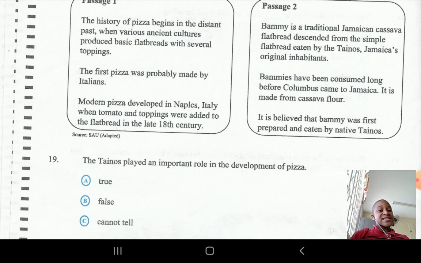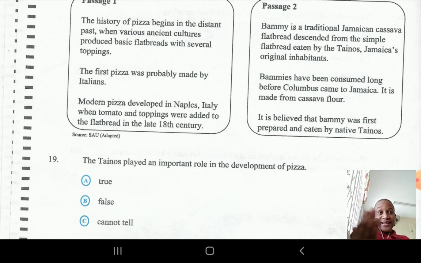In the passage, it doesn't say the Tainos played an important role in developing pizza. But they said they made flatbread. It didn't say false. But this, I would say C, cannot tell, because the passage doesn't tell you about any pizza and how pizza was determined.